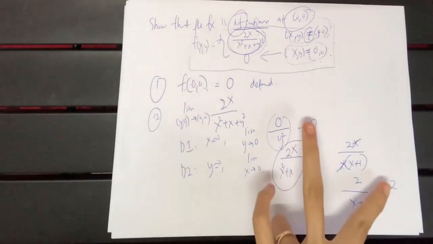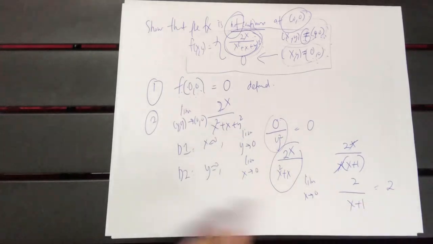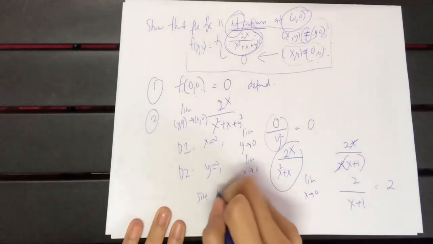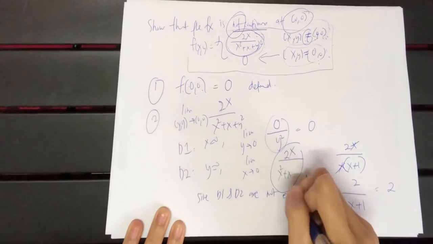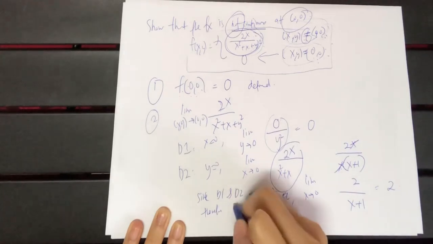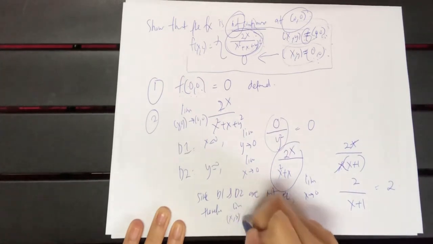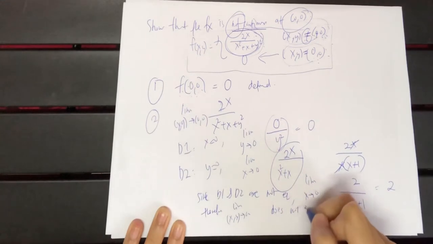Okay, so you can see that the first direction gives 0. The second direction gives you 2. Since D1 and D2 are not equal, therefore the limit as X, Y approach 0, 0 does not exist.